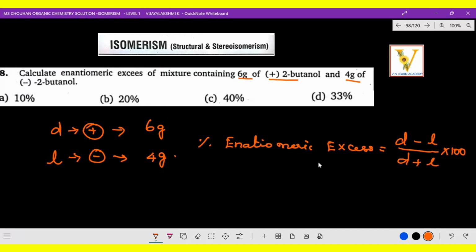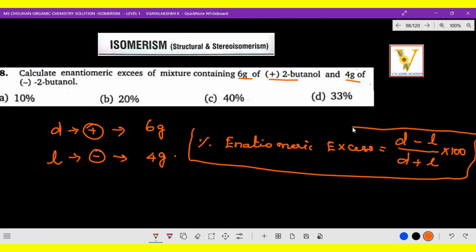This is the formula. Now how do we apply the values? D minus L means 6 minus 4, divided by 6 plus 4, into 100, right?